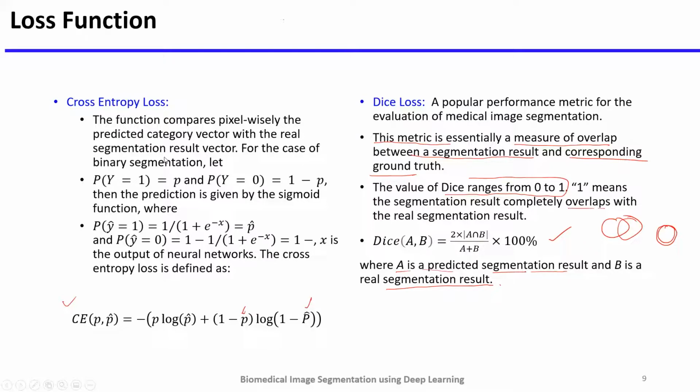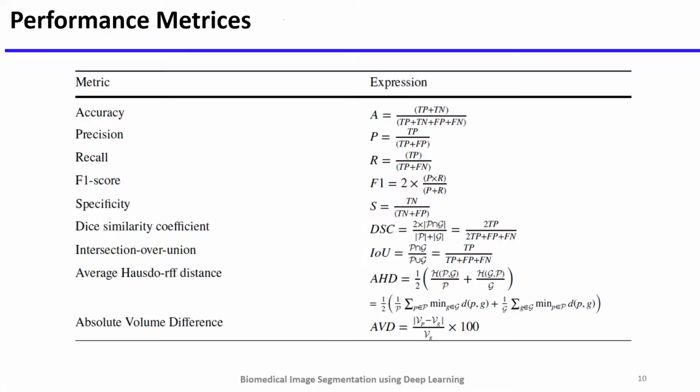So if the loss function is defined, then we have to evaluate how we are going to measure the accuracy or other important components of the model. So performance metrics in the image segmentation task are almost the same as what we use in any classification models.